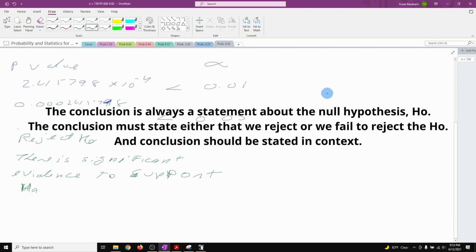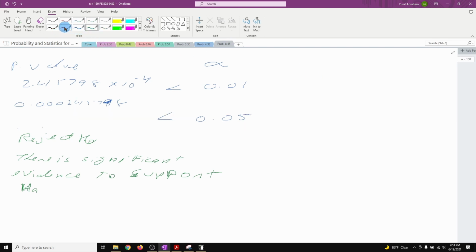Now, what if it was the other way around, and instead of less than, the p-value were greater than the alpha? Then the conclusion will be worded backwards.